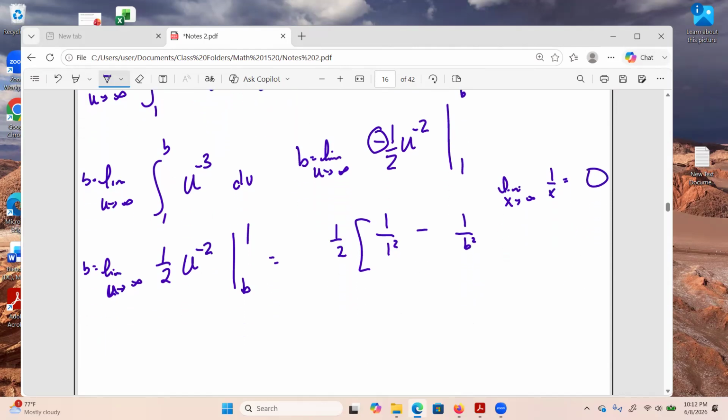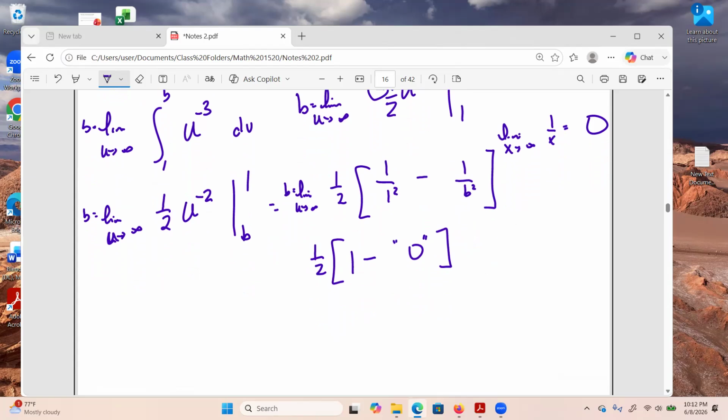So how this is going to work out is, that's equal to b. So again, b is equal to the limit as u goes off to infinity. So we have this, and then we can say this is 1/2 times 1 minus 0. I'll put it in quotation marks for now just to let people know I took the limit. And we're going to get rid of those quotation marks because that's not really nice notation either. But this is just going to be equal to 1 over 2. And then we're all set and done.